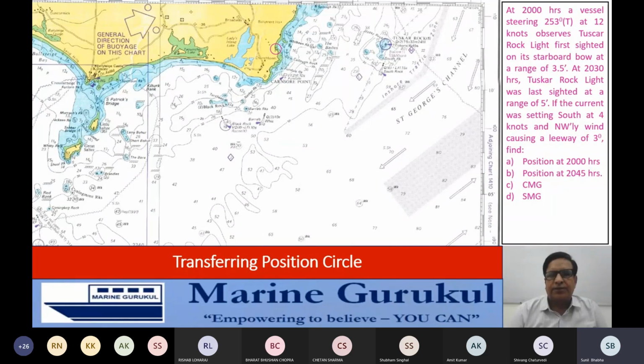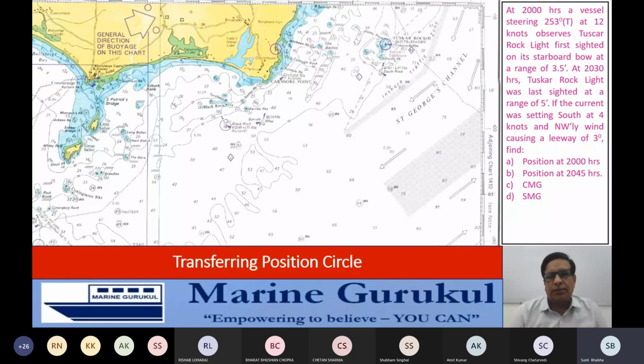At 1300 hours, a vessel steering 253 degrees true at 12 knots observes Tusker Rock Light first sighted on its starboard bow, at a range of 3.5 miles.